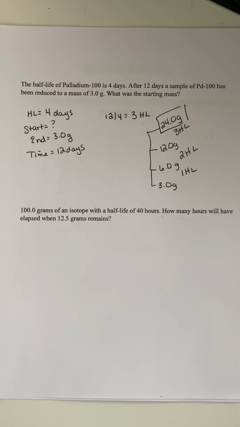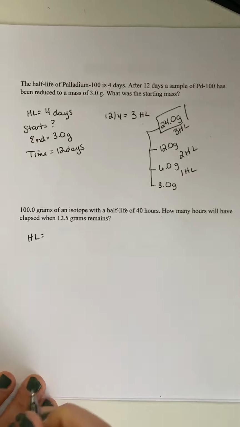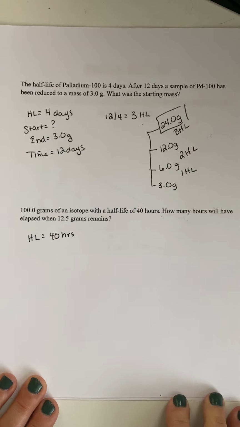I have 100 grams of an isotope with a half-life of 40 hours. How many hours will have elapsed when 12.5 grams remains? So this question is telling me that my half-life is 40 hours.